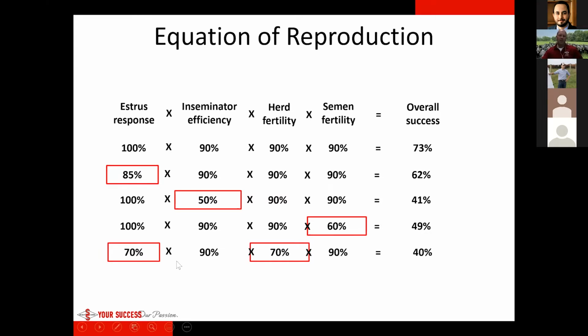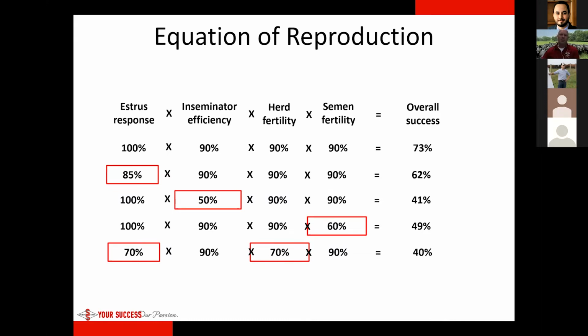And then finally, at the bottom example here, we've got maybe a 70% estrus response, which is still acceptable, but a little bit of reduction in herd fertility. Maybe these are cows that are a little bit thinner in body condition score, and might not be carrying enough body condition to be prime candidates for a synchronization program.